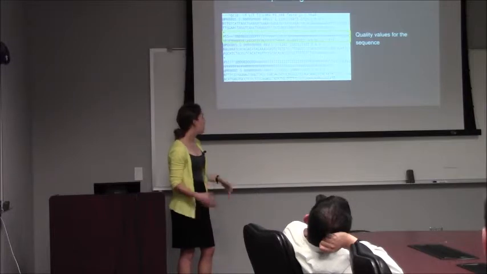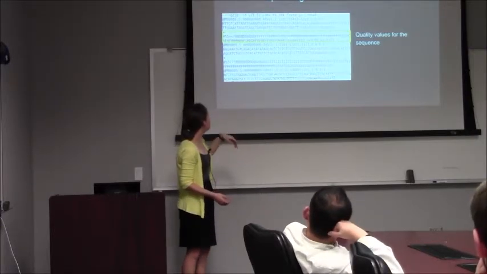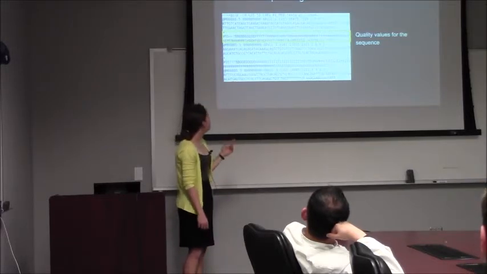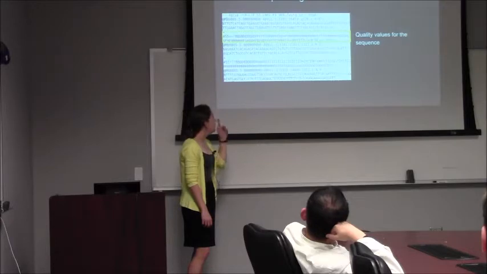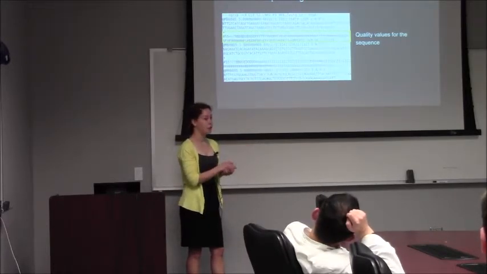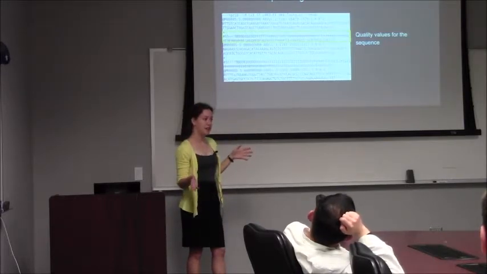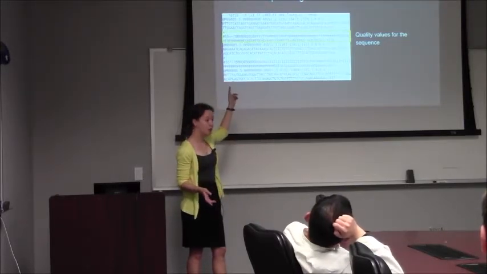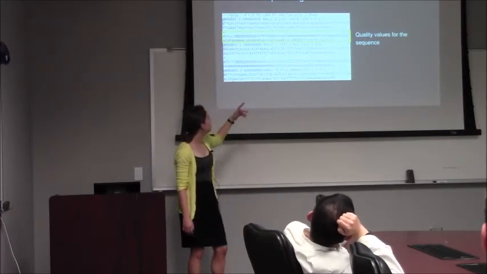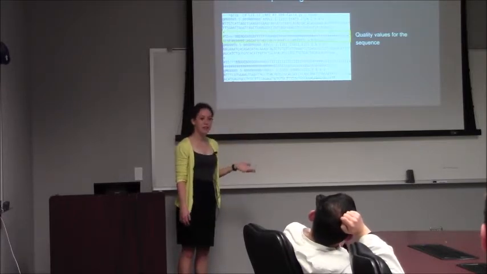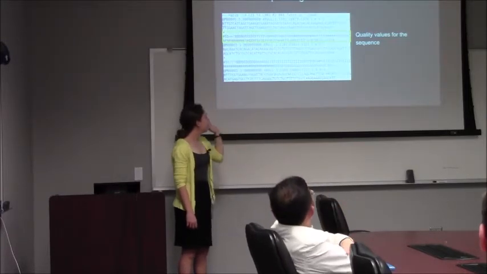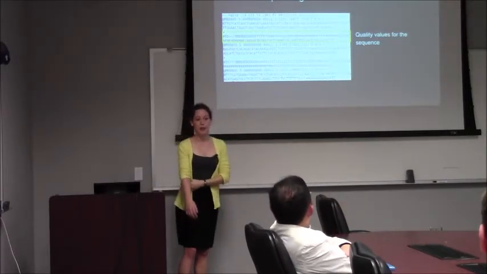And these indicate how confident it is that, say, if that one base is a G. And the clever way that they did it is each letter corresponds to an ASCII number, and there's a quality score between 1 and 60, and then there are 60 ASCII numbers. So in general, the letters are better quality than the numbers, and I think there's symbols on both ends. So you'd have to look it up, but if you thought something went wrong, you could look and see how confident it is.